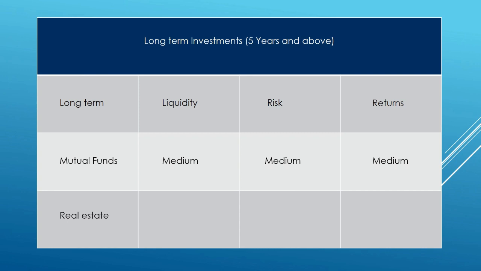Coming to its parameters, liquidity is extremely low because it takes more than a year to sell the house and get back your money. Risk is medium because we cannot be sure how much the price of your house will be, since it fluctuates. And returns are zero to medium, because it depends on whether you are staying in it or letting it for rent.